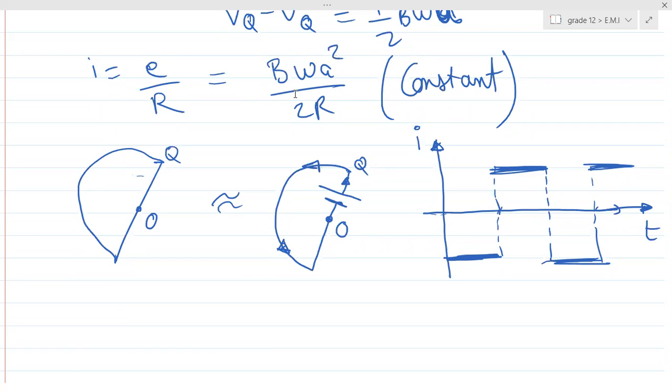The capital R is constant, right? Okay. Clear, guys?